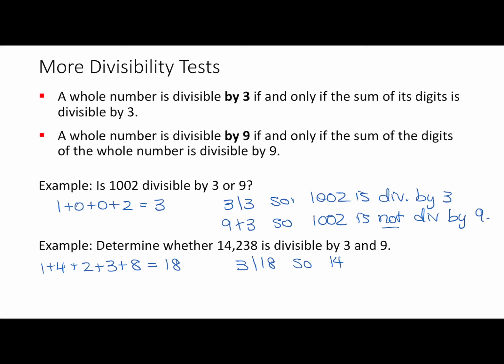So 14,238 is divisible by 3. And 9 also divides 18. So I'm going to write this a little more simply: 9 divides 14,238. All right, so those are our tests for divisibility by 3 and 9.